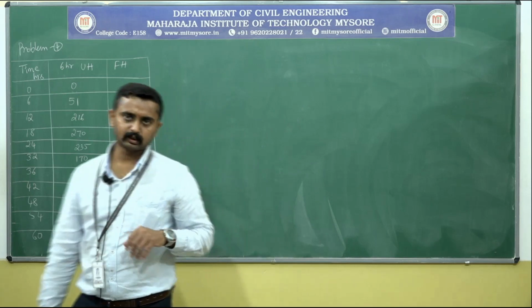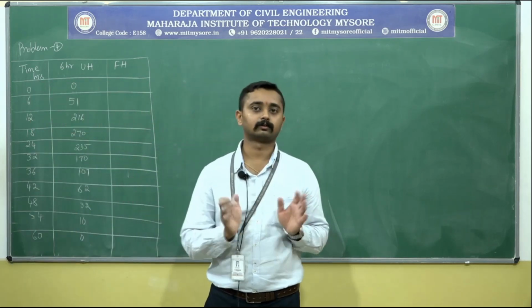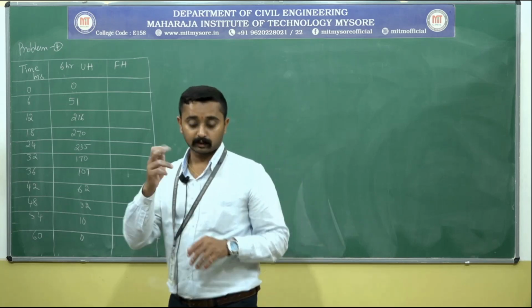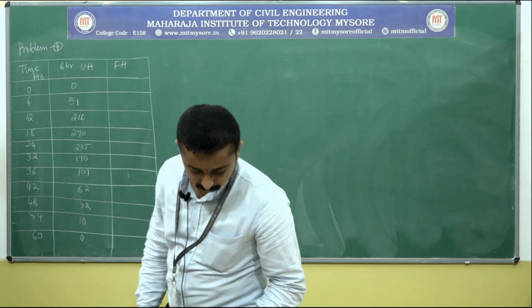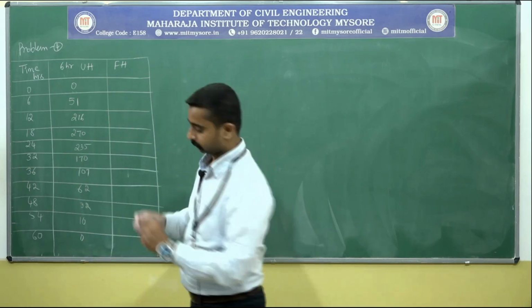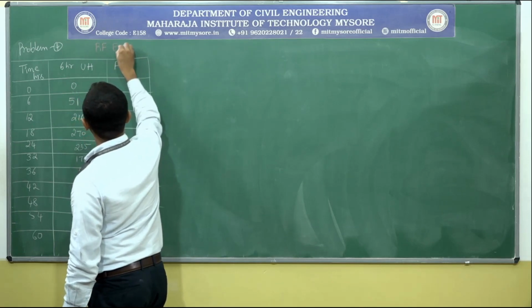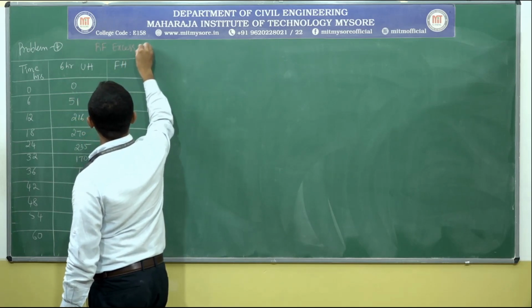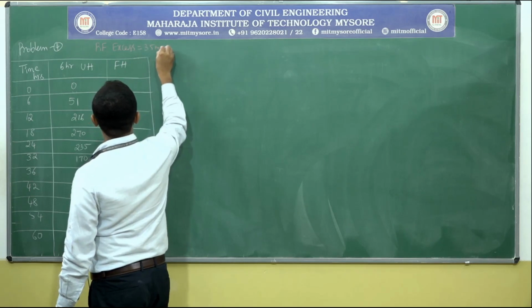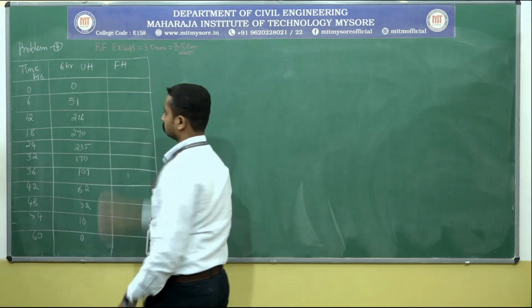Okay. Again, simple problem, one step extra. That is the calculation of volume. Okay, in this problem, rainfall excess is how much? 35 mm, nothing but 3.5 centimeter.